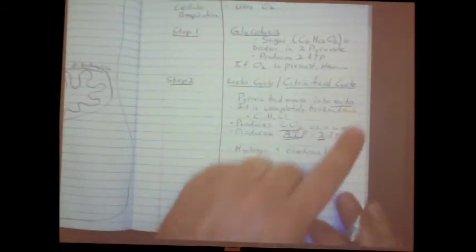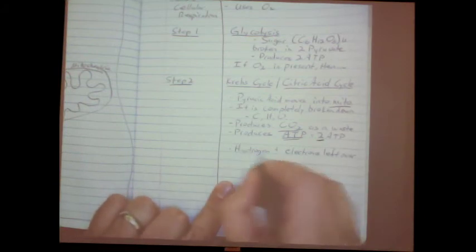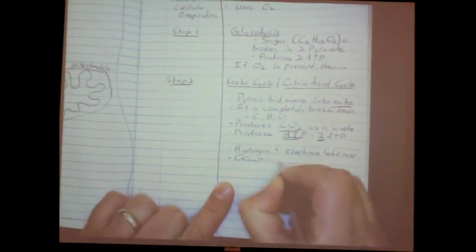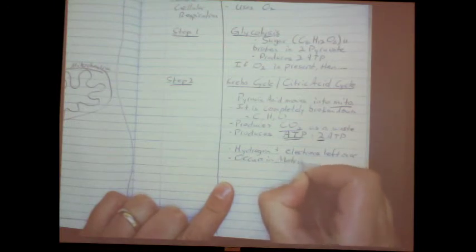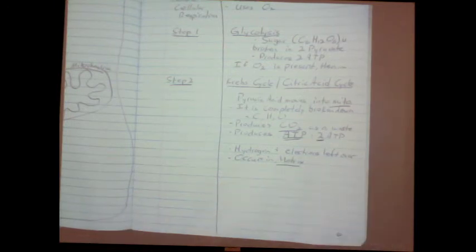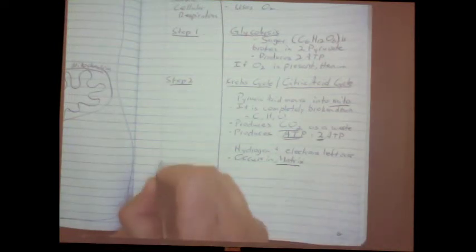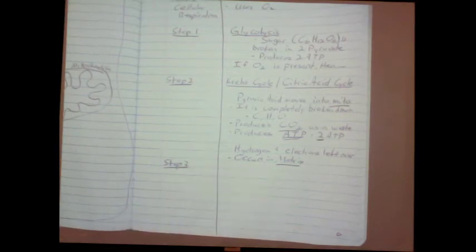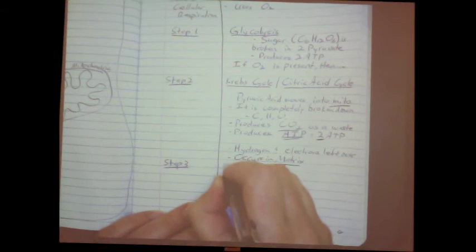I didn't write down here exactly where this is happening, so let's make sure we write down here that this occurs in the matrix. That's the space of that mitochondria. And our step 3 of 3, so this is our last step. Our last step is called electron transport.